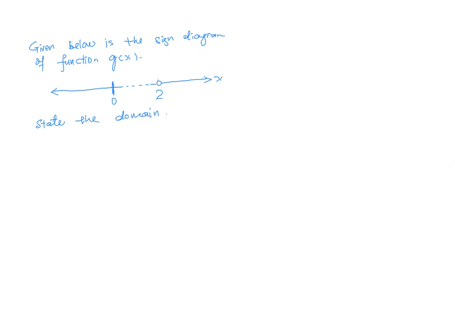Because you said anything in between is not part of the domain. So what is the way to state the domain? x, such that x is a member of the real numbers. Then x equals 0.